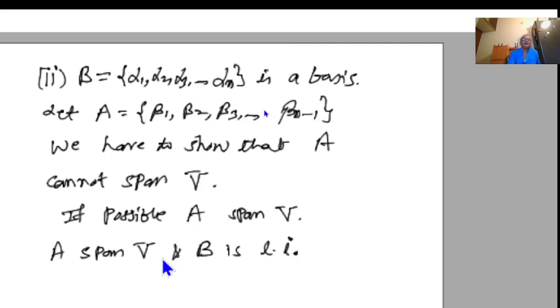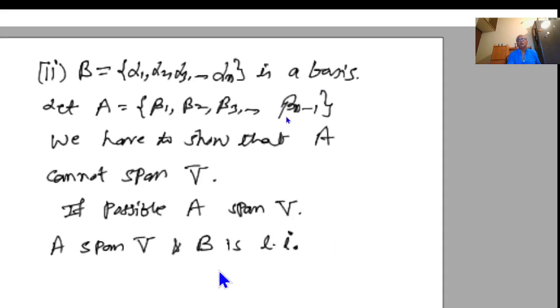And we know again that if n vectors span V and r vectors are linearly independent, then n is greater than or equal to r. So here A spans V, B is linearly independent, which means the number of elements in A must be greater than or equal to the number of elements in B. How many elements are there in A?